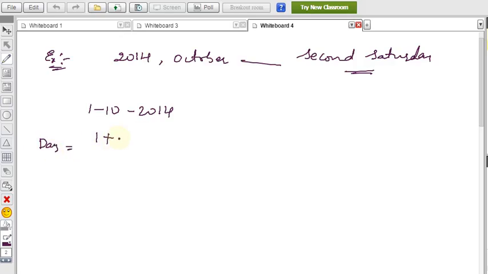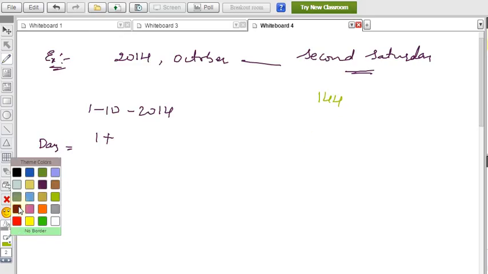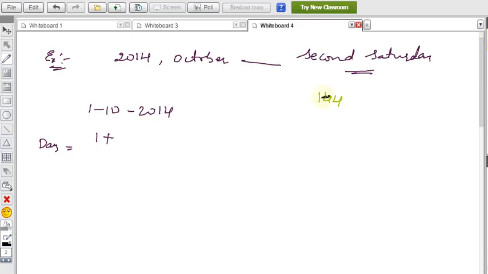1 plus the October code. I hope you remember that: 144 025 036 146. This is the month code.